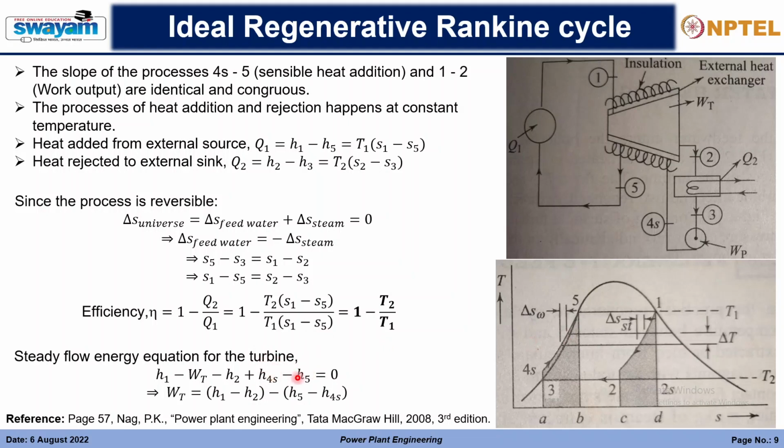Minus (H5 minus H4s) would give us H4s minus H5, right? This is the steady flow energy equation, and it amounts to 0. From this we get the turbine work as H1 minus H2 minus (H5 minus H4s).